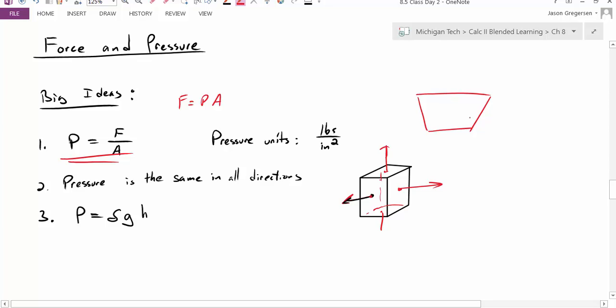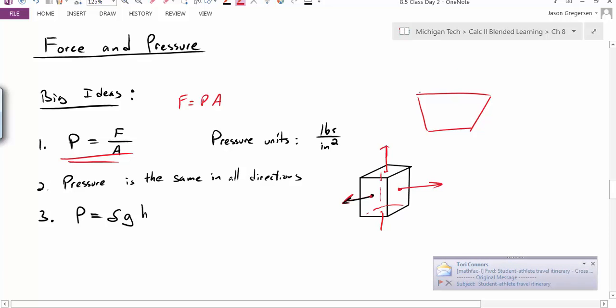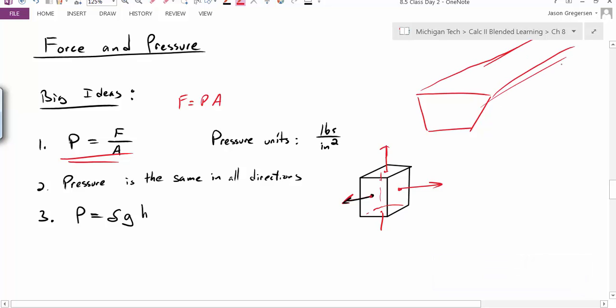And it's really good that pressure exerts the same amount of force in all directions, because if it didn't, we would have to build incredibly strong dams. This river back here keeps going for miles and miles and miles, and if all that water was really pushing against our dam, it would never stand.